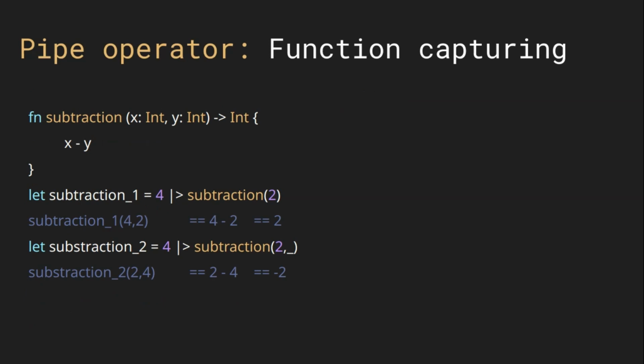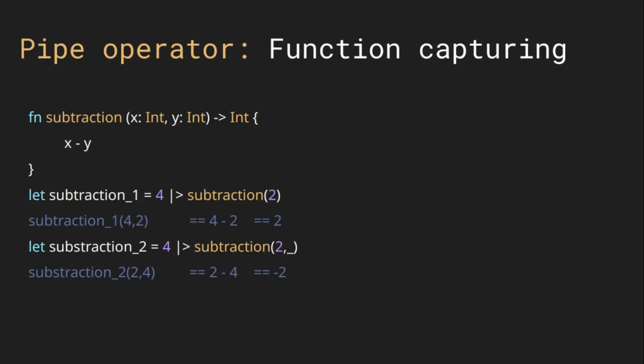But later, when we start to use the pipe operator, it raises an important question. If you have a function that takes 2 arguments, to which one is the pipe operator being applied? To the first one or to the second one?